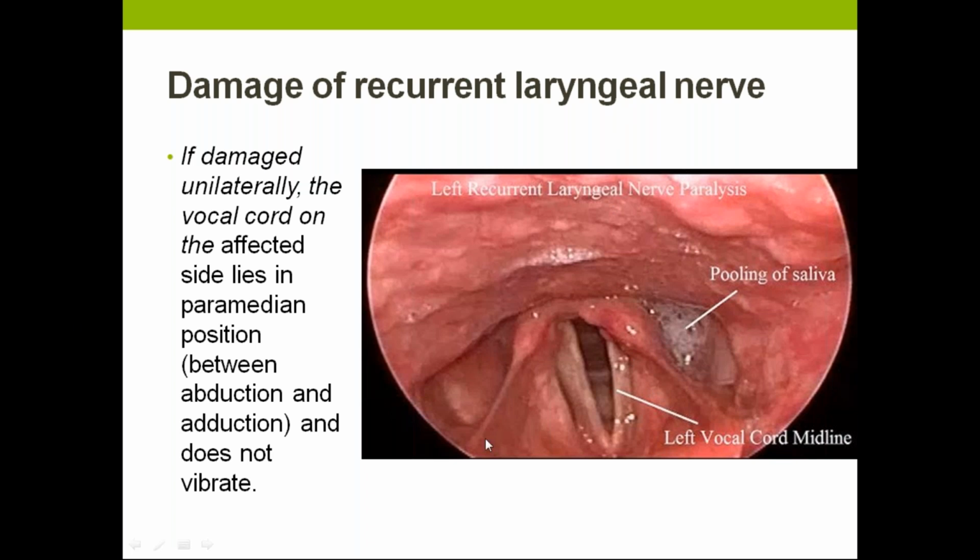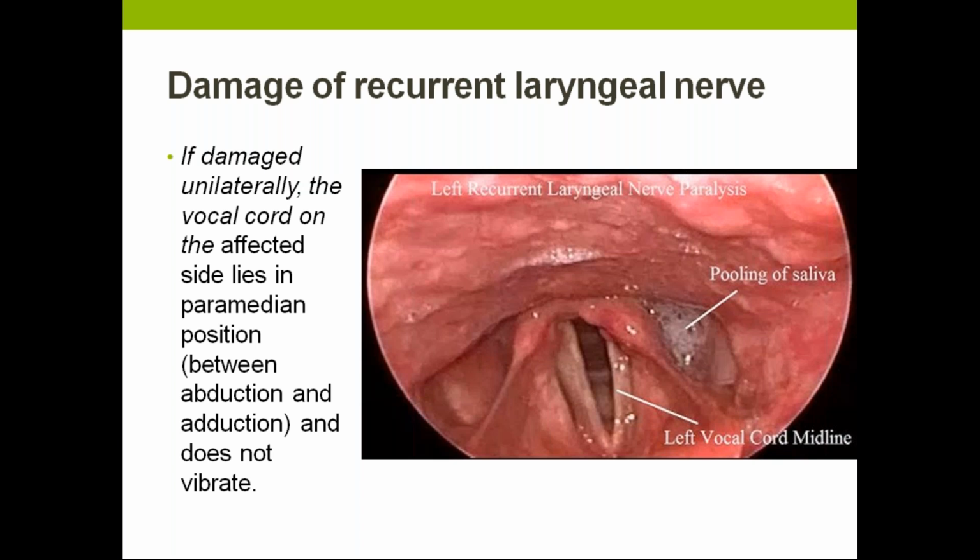What happens if it is unilaterally damaged? The vocal cord on the affected side lies in paramedian position, between abduction and adduction, and it does not vibrate. This position of the vocal cord is called the cadaveric position.